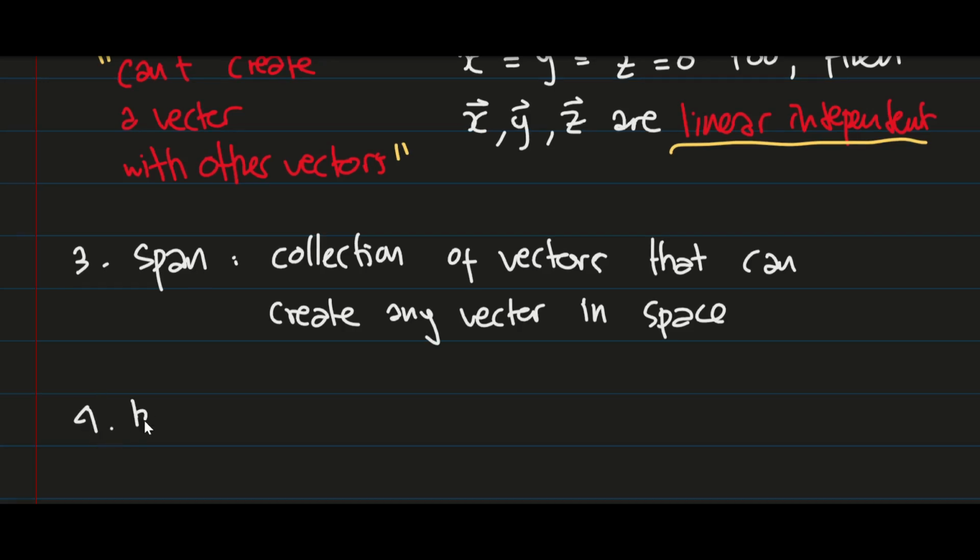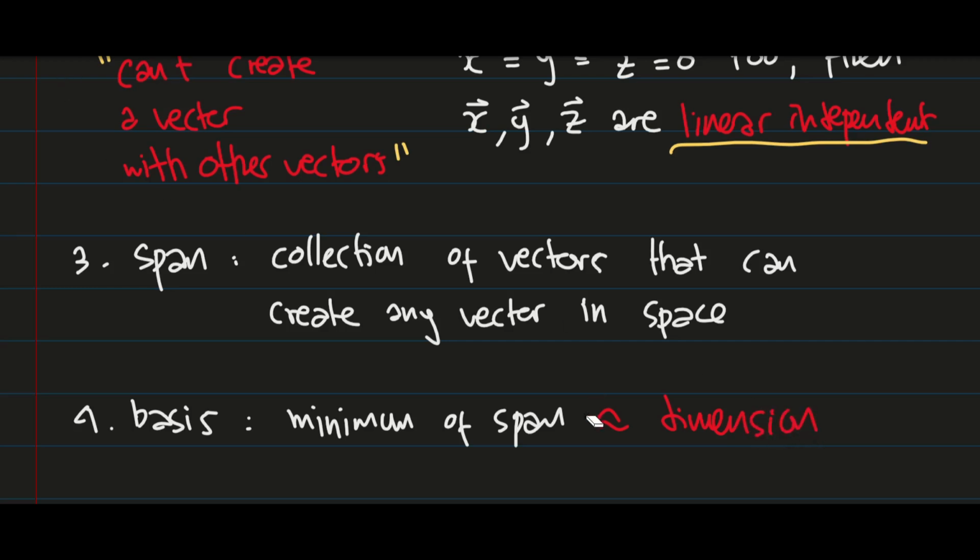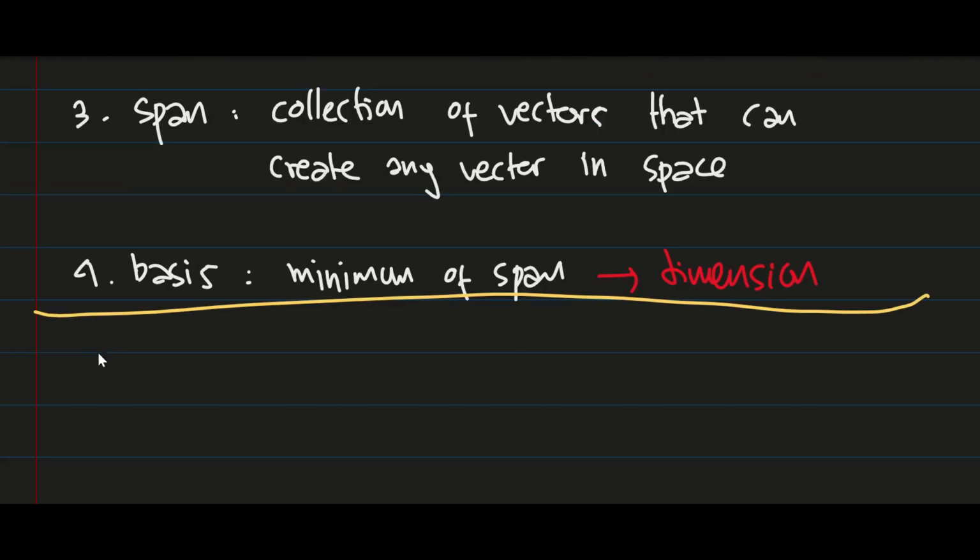Now we have a basis of a vector space. A basis is a span, but with as few vectors as possible. A span with the smallest number of vectors, we call a basis, which means a basis is related to dimension.